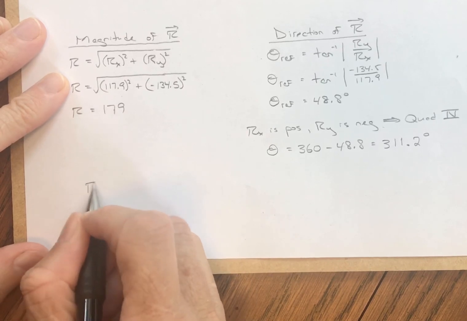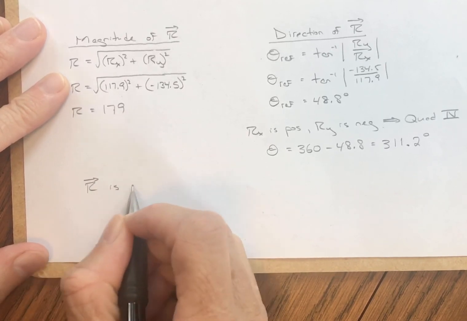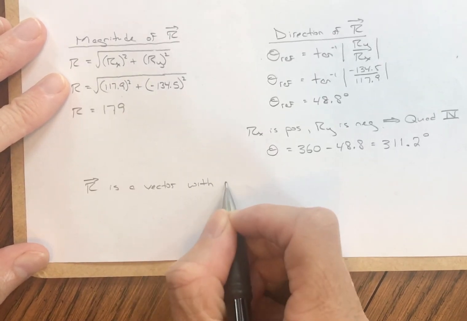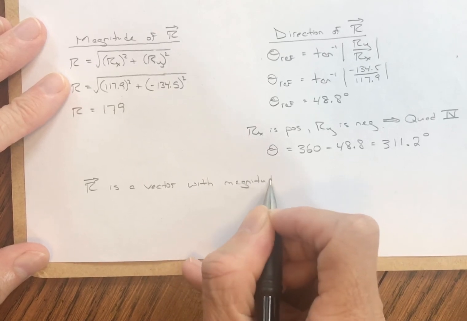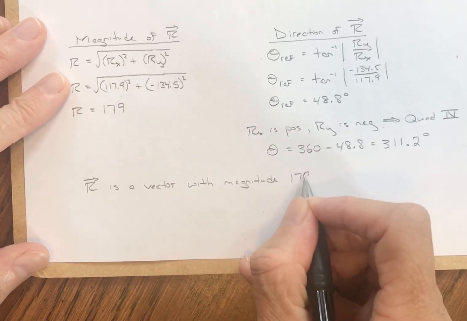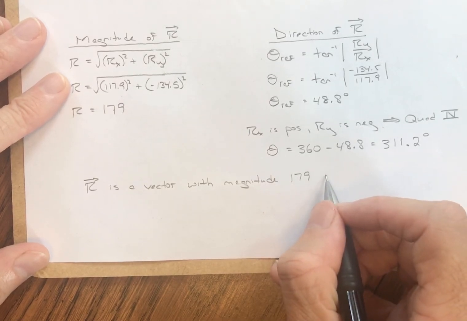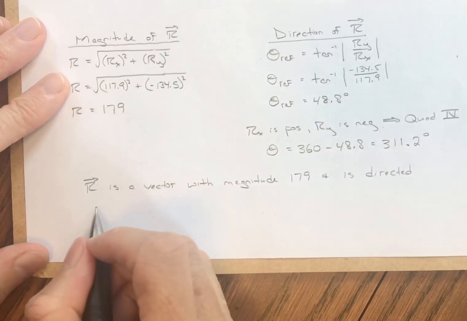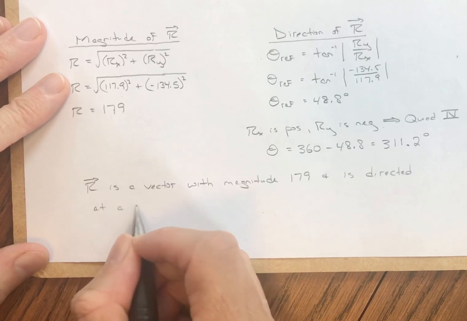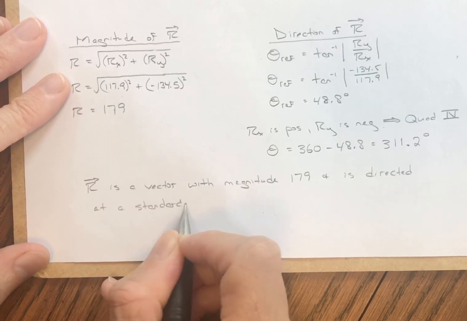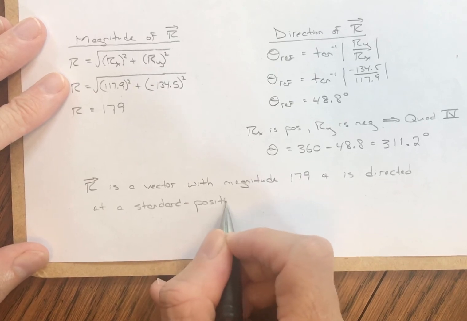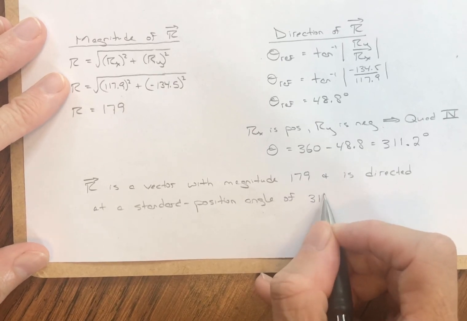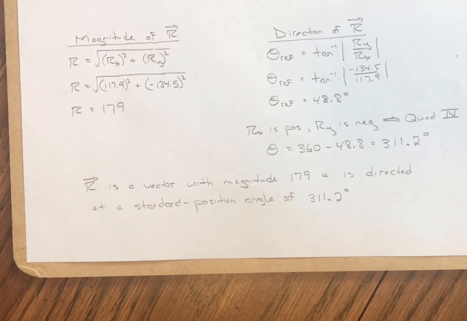So the resultant, r, is a vector with magnitude 179 and is directed at a standard position angle of 311.2 degrees. There you have it.